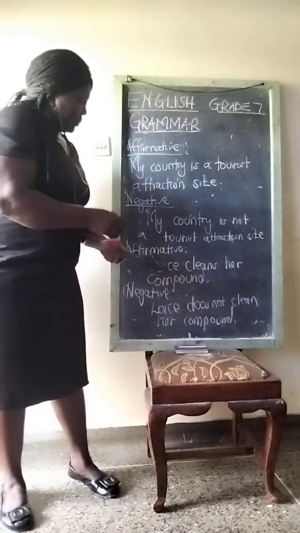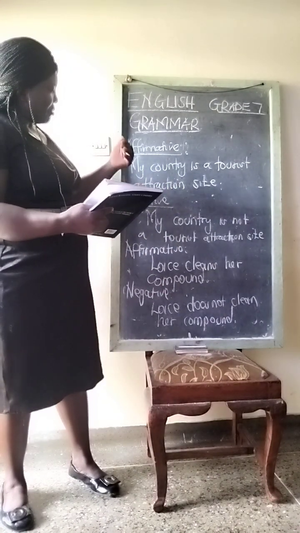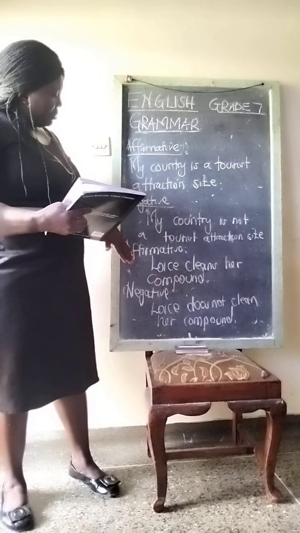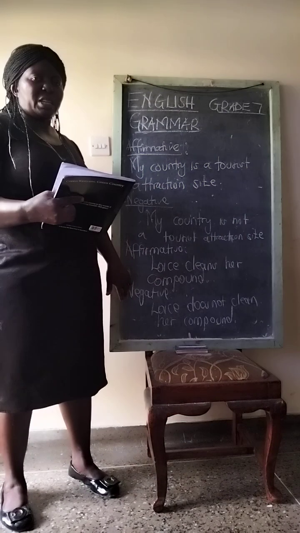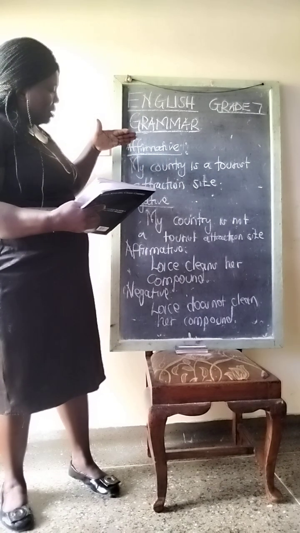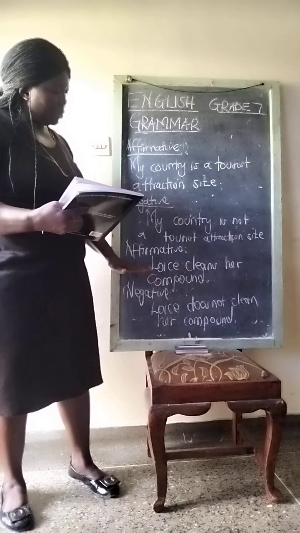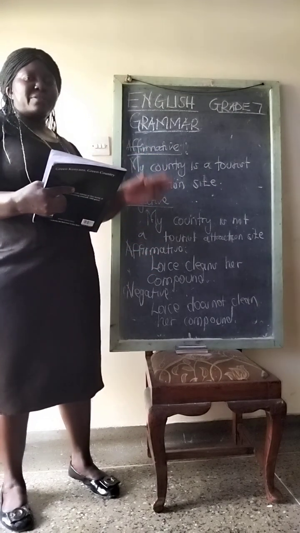Now we have got how many affirmative and negative? We have one affirmative, two affirmative, one negative, two negative. Now continue, make this list to have a list of 1, 2, 3, 4, 5, 6.